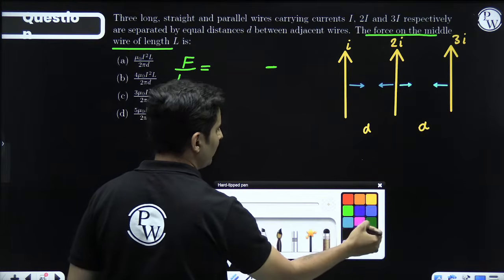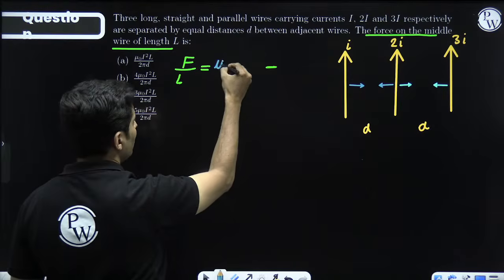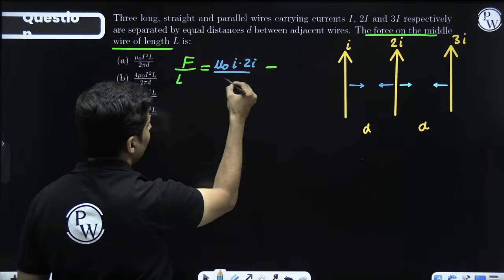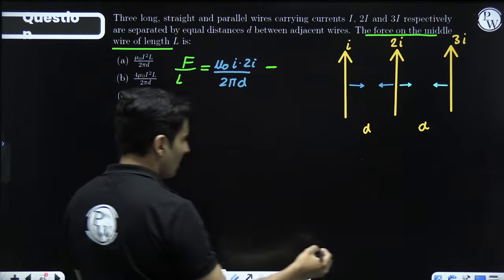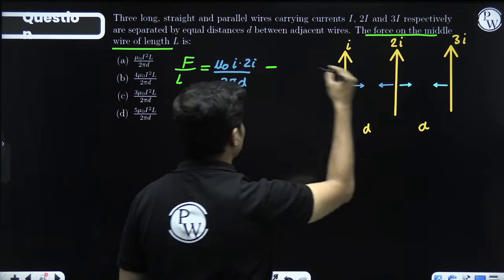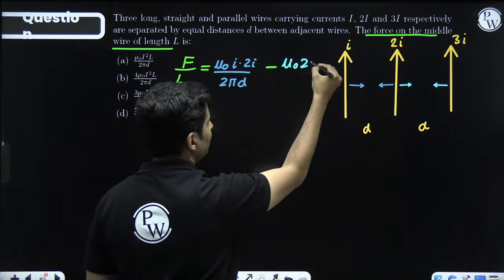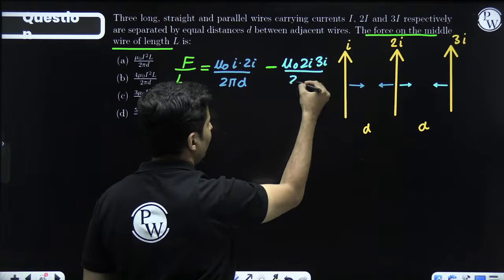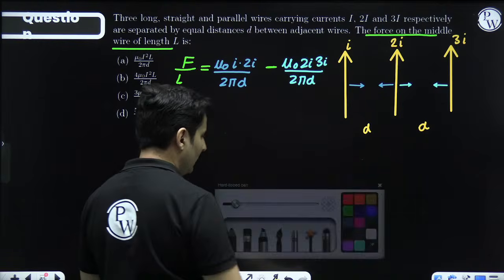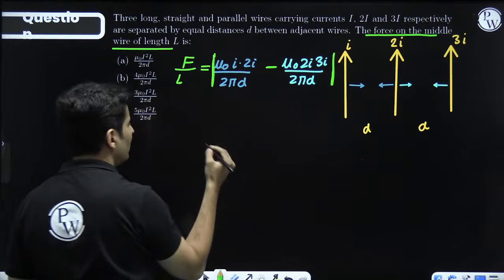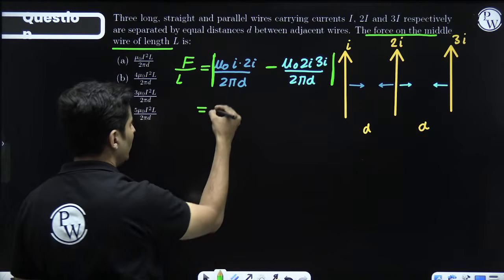The first one will be mu naught I1 I2, meaning I into 2I divided by 2 pi d, and the next one is mu naught 2I 3I divided by 2 pi d. Whatever answer you get, we will put it inside the modulus because I did not know which is big or small.